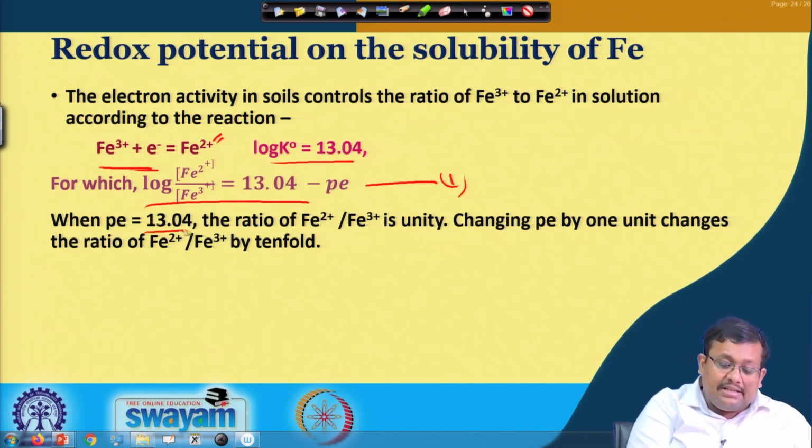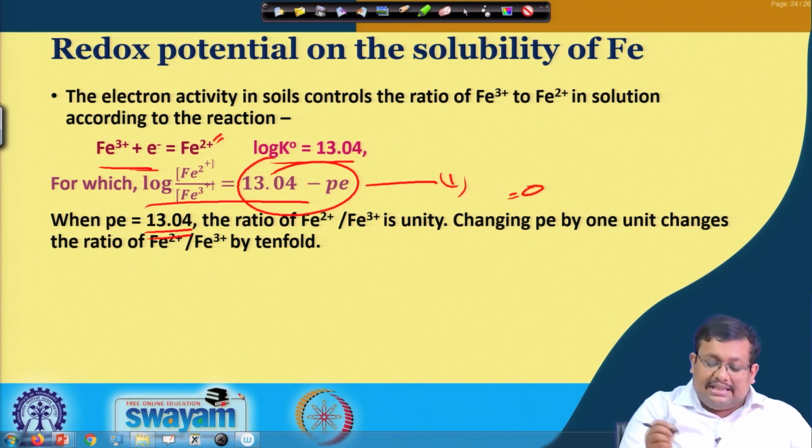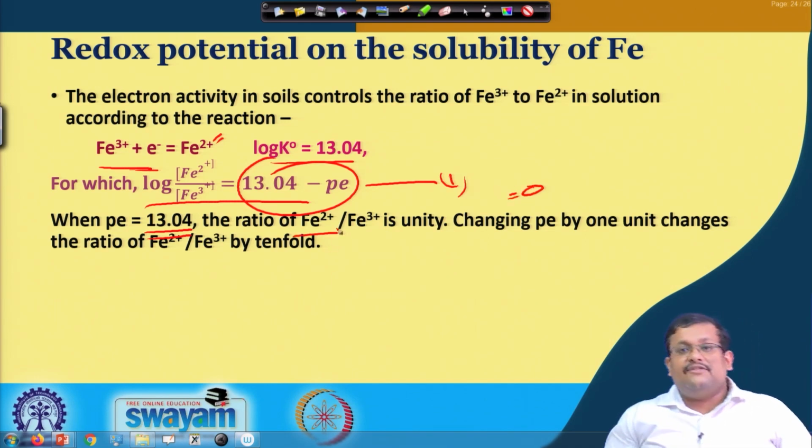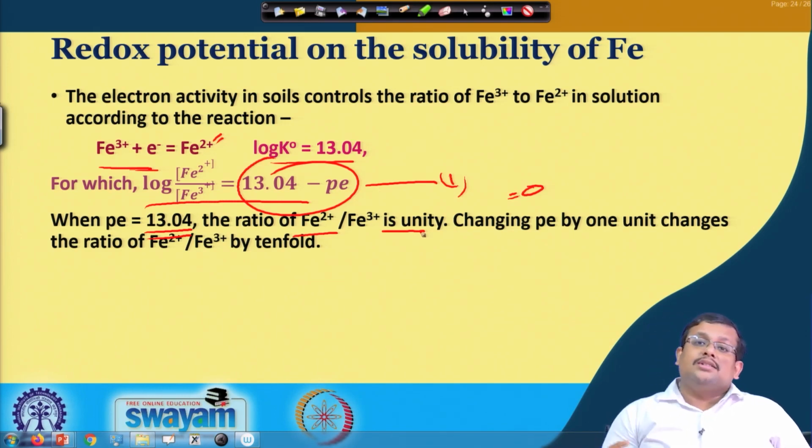When the pe value is 13.04, the right-hand side becomes 0, so the ratio of Fe2+ to Fe3+ becomes unity. Changing pe by 1 unit changes the ratio of Fe2+ to Fe3+ by tenfold. So, this is the effect of redox potential on the solubility of Fe.